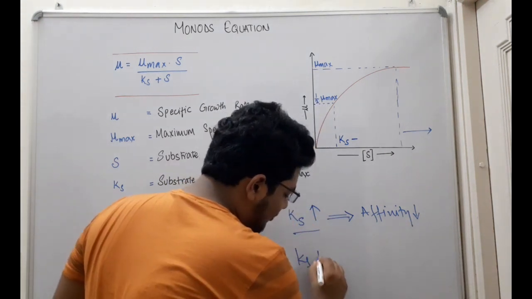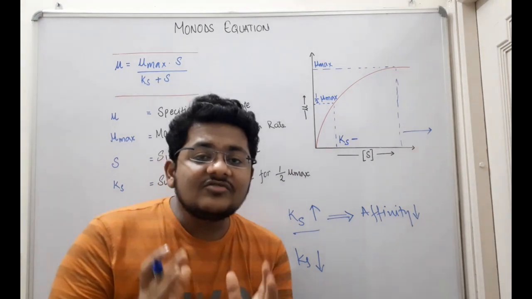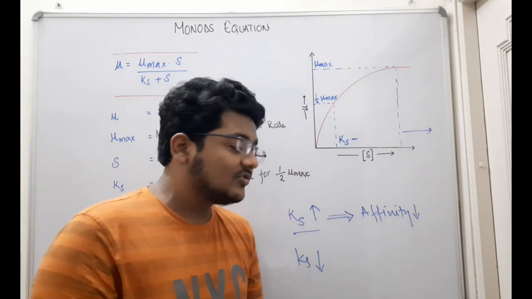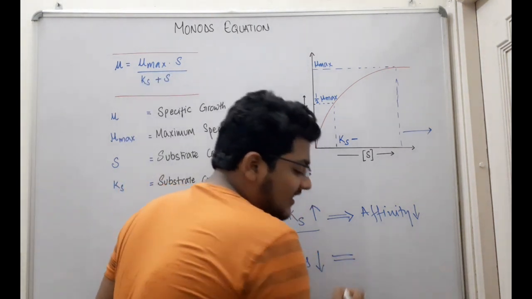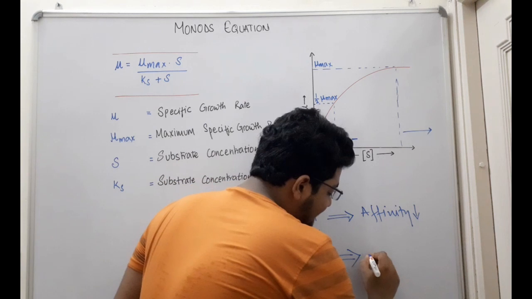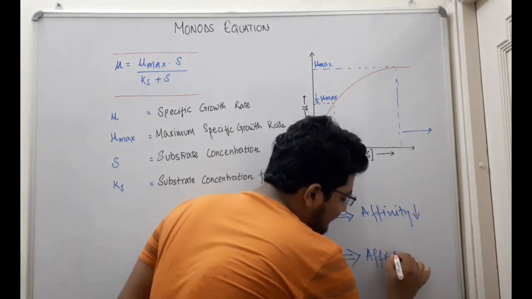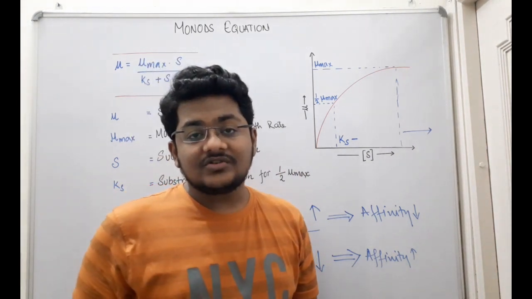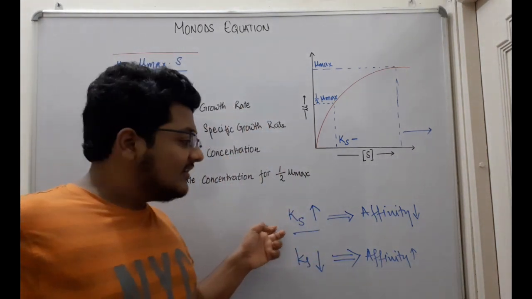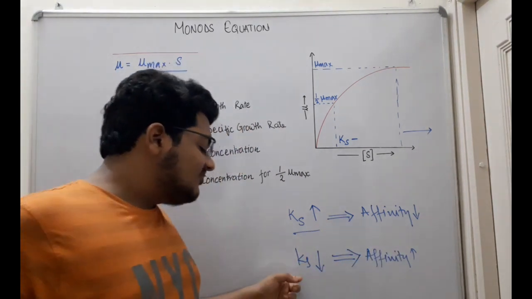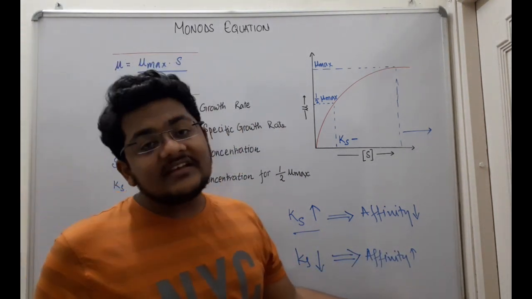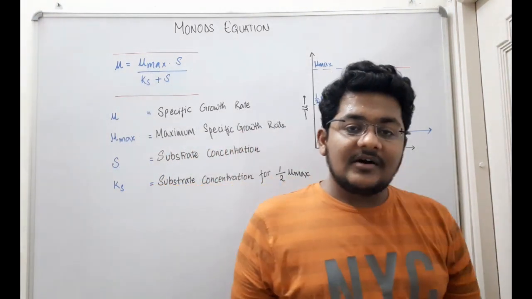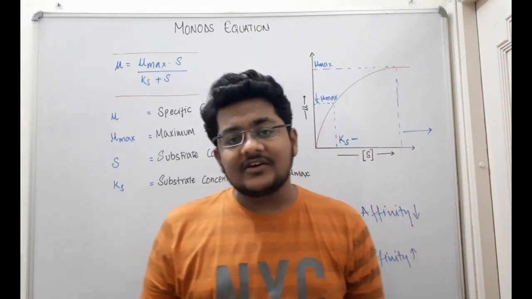And if Ks is low, even at a very small concentration of substrate we are able to achieve half of the maximum specific growth rate, which means the affinity of the microorganism for the substrate is high. So if Ks value is high, affinity is low, and if Ks value is low, affinity is high. This is another thing the Ks value tells us.